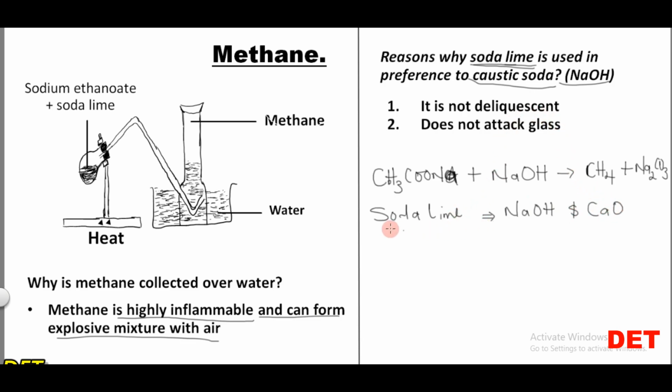The reason why soda lime is used instead of sodium hydroxide is because soda lime is not deliquescent. A deliquescent substance is a substance that will absorb water from the surrounding environment. Soda lime is not deliquescent and does not attack glass. Sodium hydroxide is a deliquescent substance and it will attack glass.